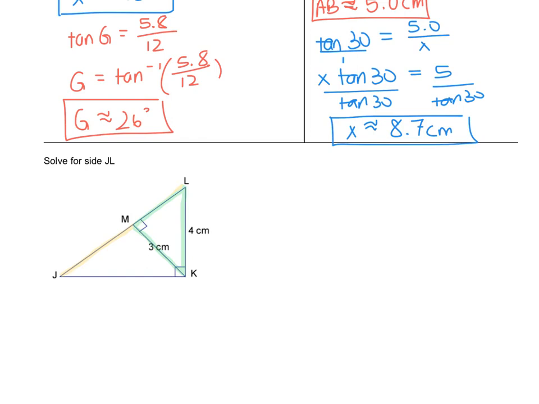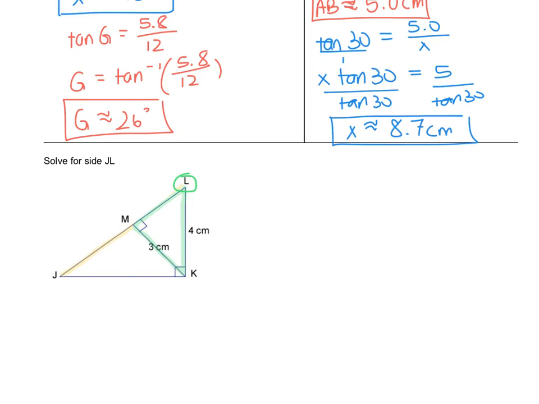And if I look at this, I can see that angle L is shared with triangle LMK, this little one, which I have no problem solving for L. And then if I have angle L, I already have this 4 centimeters in this big triangle, JLK, and then I can solve for JL.